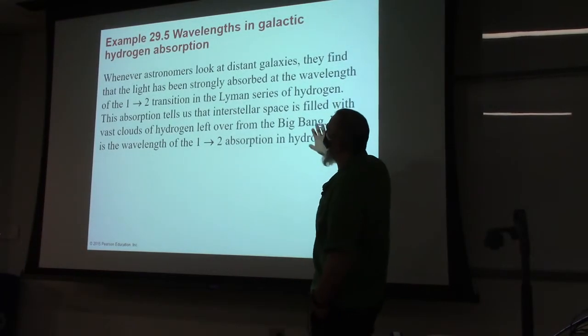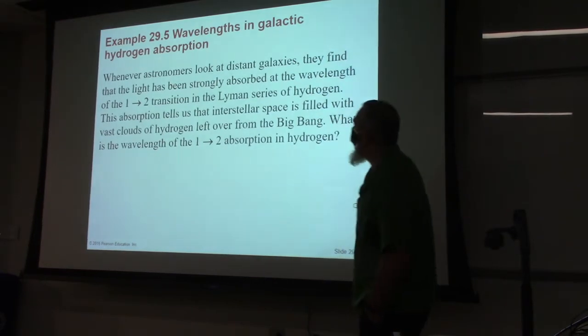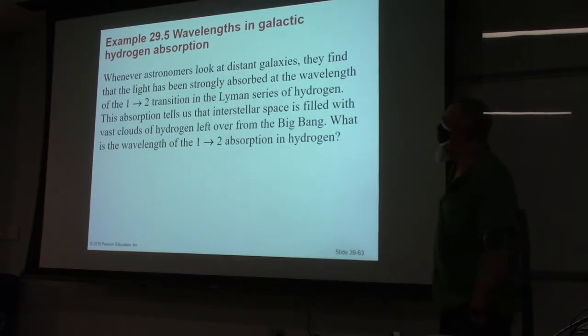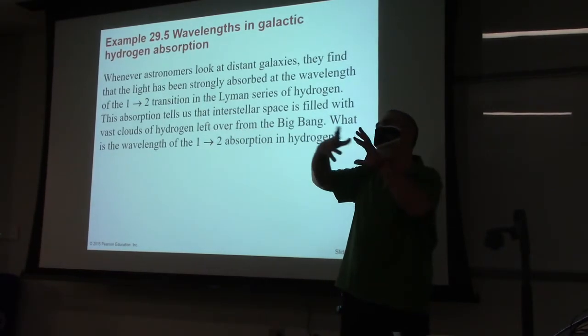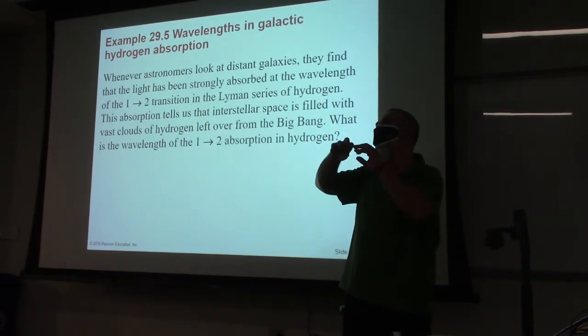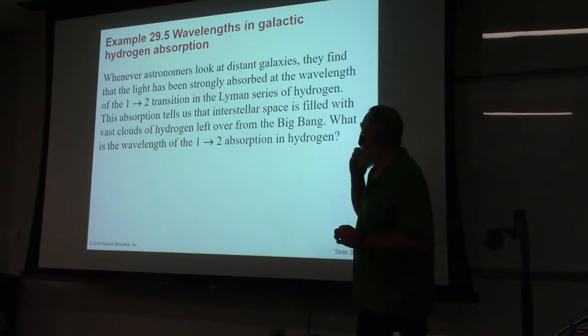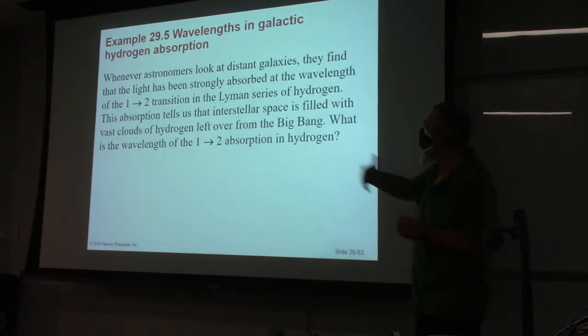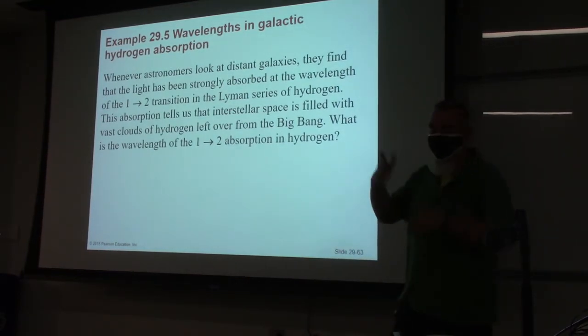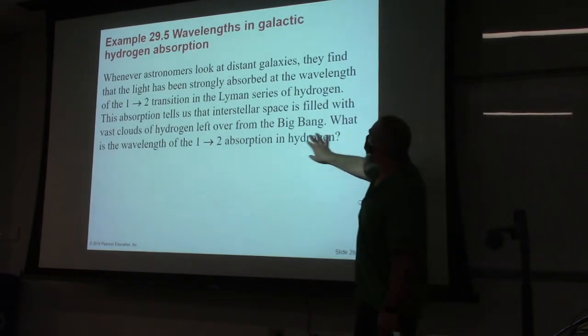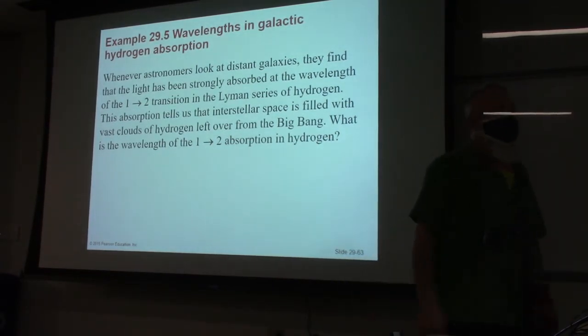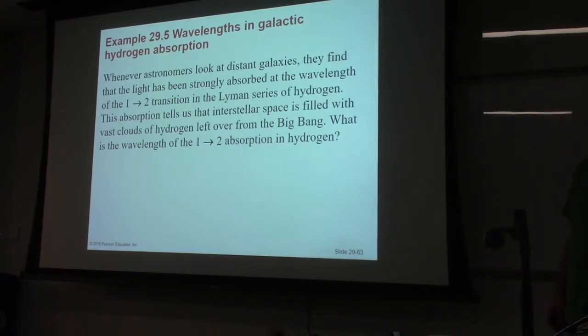So this absorption tells us that interstellar space is filled with vast clouds of hydrogen left over from the Big Bang. Light is coming in, going through the cloud. Certain wavelengths are absorbed, and that's what makes its way closer to us, and our space telescopes could pick this stuff up. What is the wavelength of the 1 to 2 absorption in hydrogen?